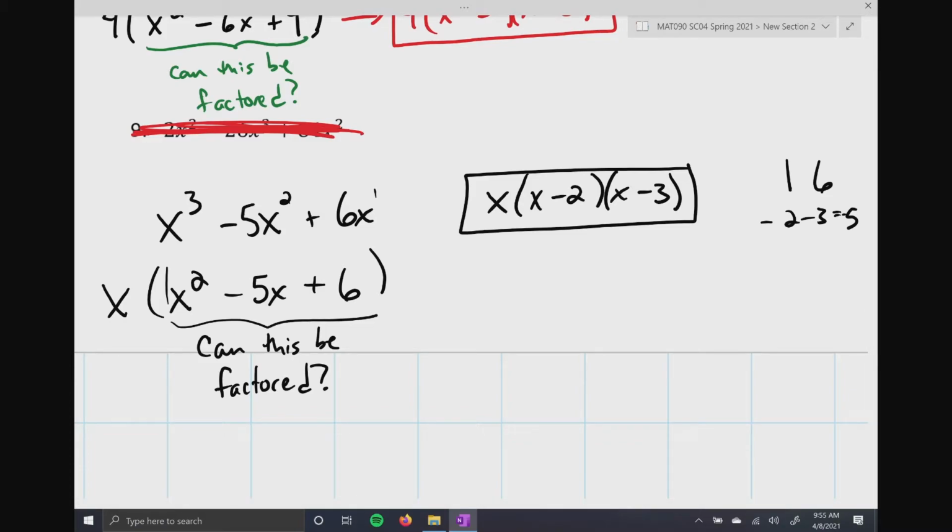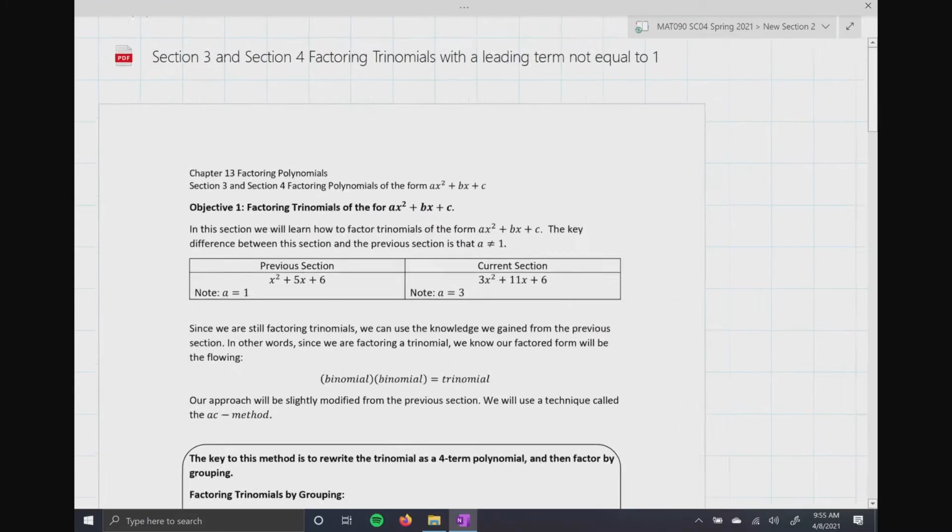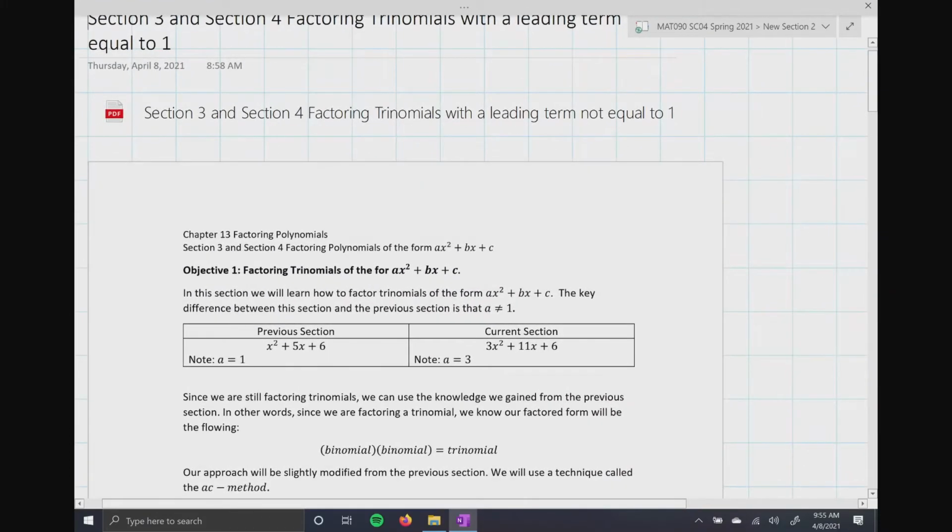Okay. Now we're going to do the next two sections combined, Section 3 and Section 4. They deal with the same exact problems. Section 3, the way I can sum it up, is the guess and check method. Crystal, this is the one I absolutely hate.